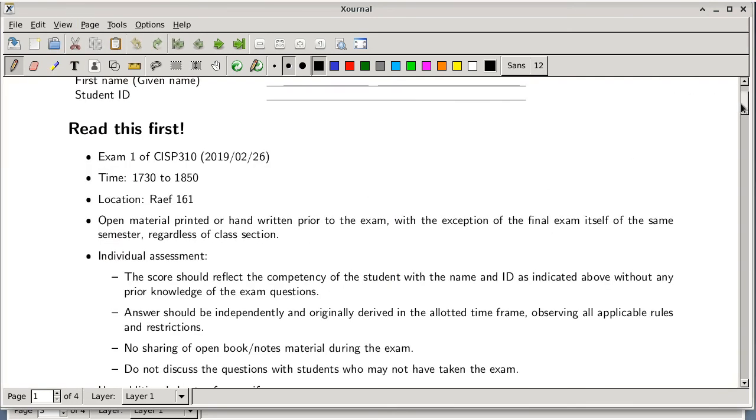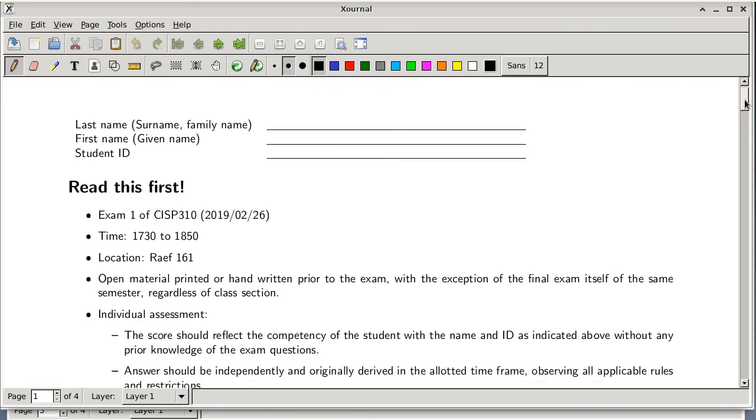All right. So I'll start from the very beginning. Make sure that you write down your name and your student number first, okay? Because I don't want people to scramble to write down their name or forget to do that at the end of the exam. So do that first. I do want you to write down your last name first. Last name is also known as surname or family name, and then your given name is on the second line.